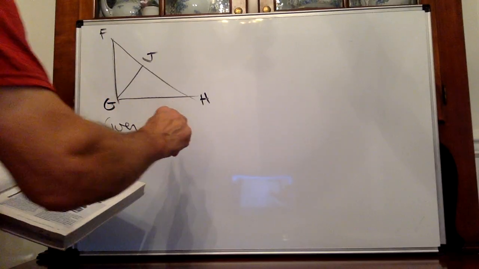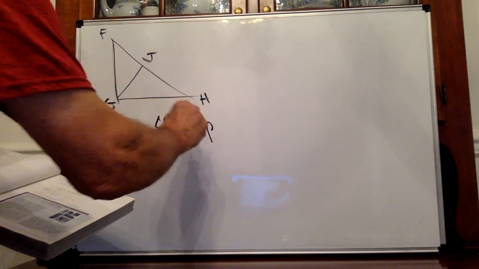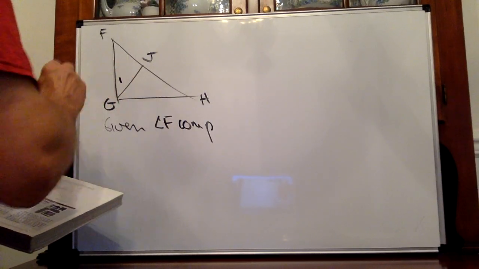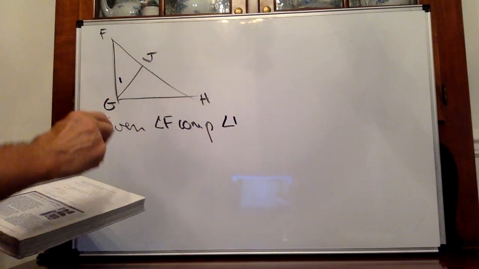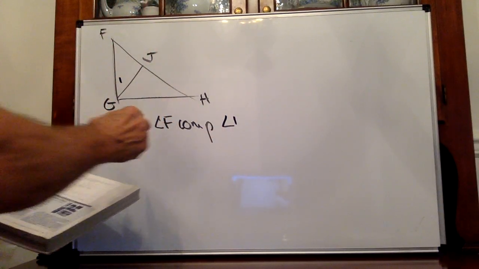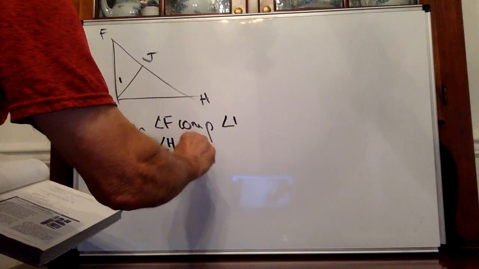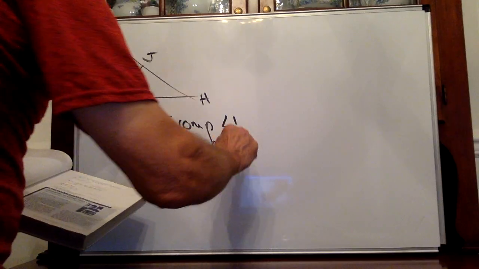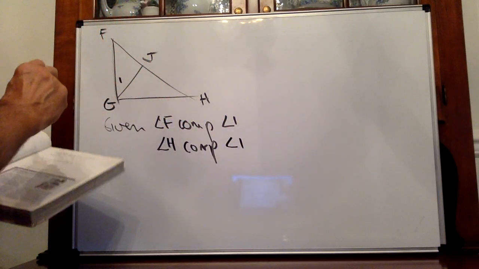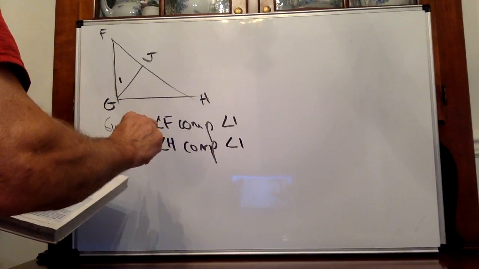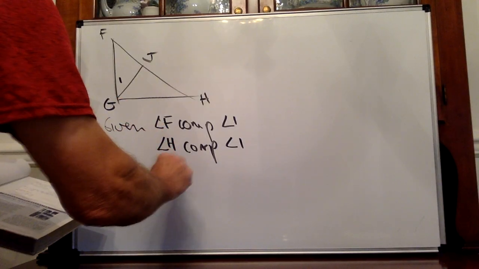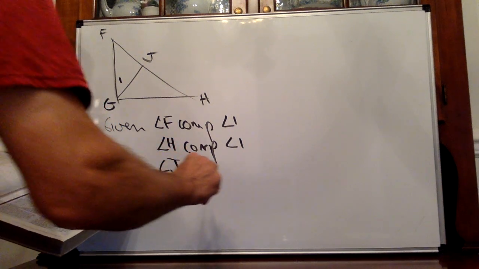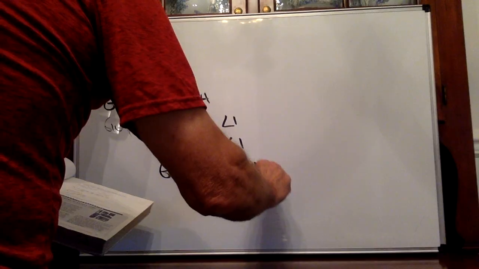They told you angle F is a complement of angle FGJ. I'm going to call it angle 1. It's easier to talk about angle 1. And they told you that angle H is the complement of angle FGJ. GJ bisects angle FGH.